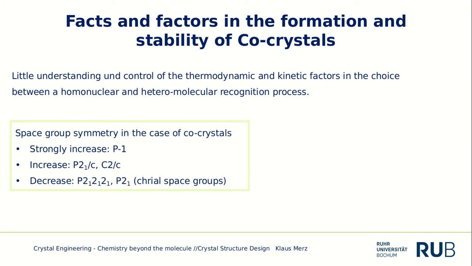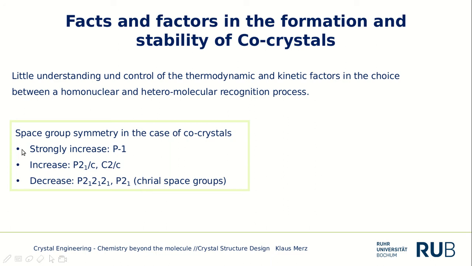Very often, it depends extremely on the molecule, as we have seen. On the other side, if you look in the crystal structure database, you will see some trends. In general, for example, in the space group symmetry, in the case of co-crystals you have a strong increase of space group P1 bar, really from around 33% to more than 40% in the crystal structure database.